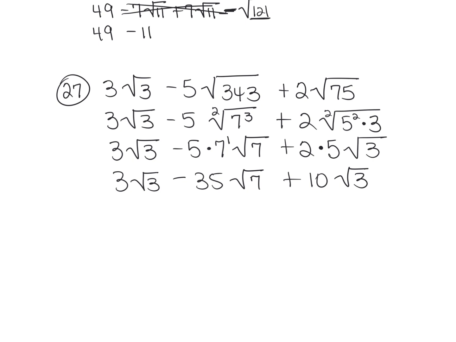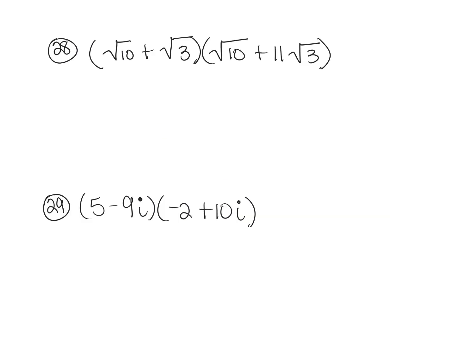Now, because these two match, I keep that, and then I combine 3 and positive 10. So 3 plus 10 gives me 13, and then I keep the square root of 3, and then the negative 35 square roots of 7 can do nothing else. So that question is now finished.